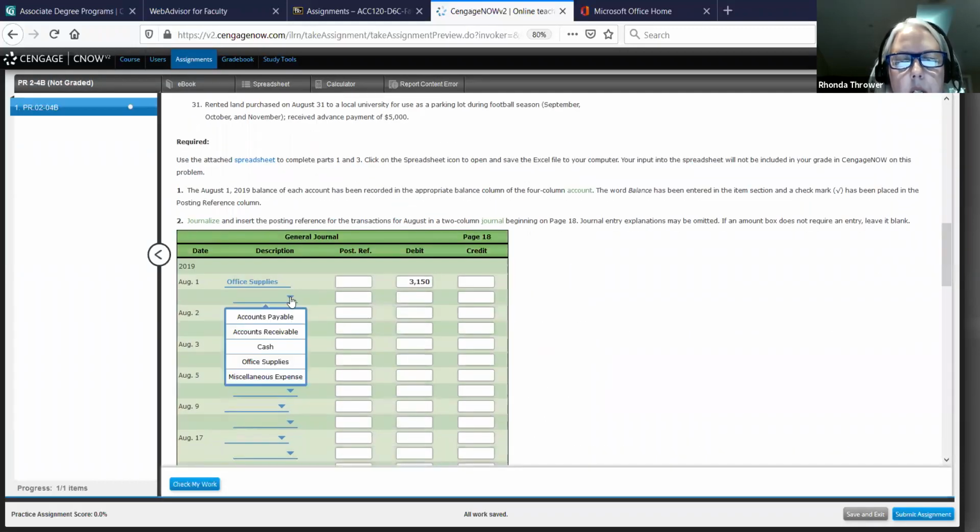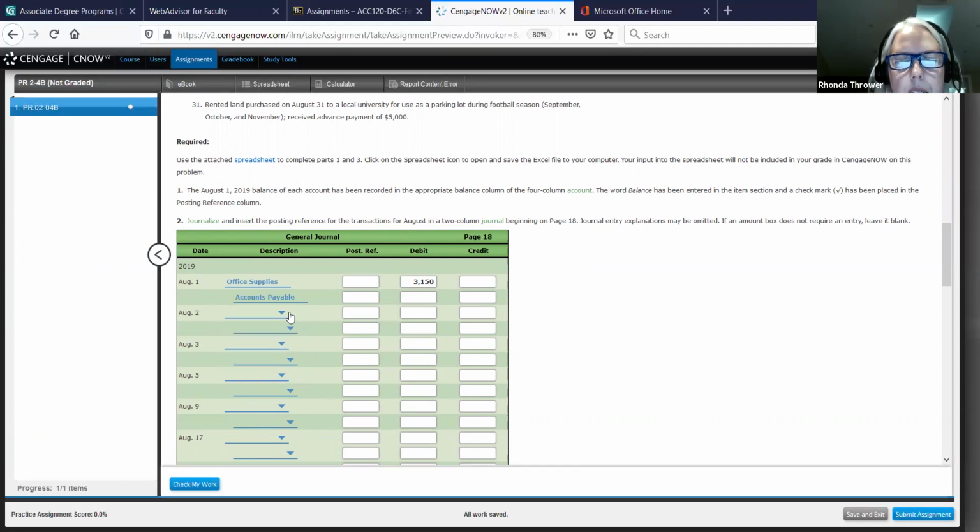Accounts payable, since it's a liability, is going up in this transaction because we now owe a creditor more money than we did before this transaction. So accounts payable is increasing. To increase a liability, we always have to increase it on the credit side.